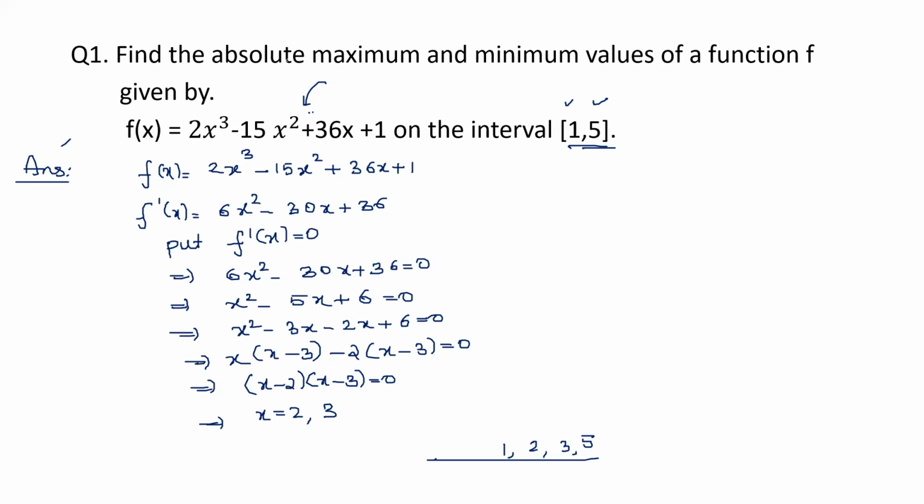Very good, Zia. That is correct. And what's the minimum value? So should we put the values of 2 and 3 in f of x? Yes, you need to put all these values 1, 2, 3, 5 in this function f(x). And then tell me the maximum and the minimum. Very good, Zia. That is correct.